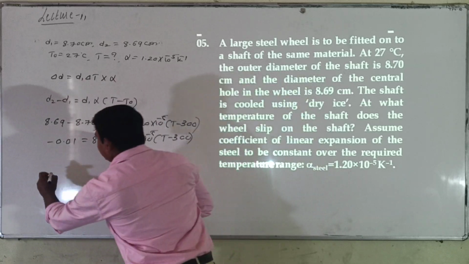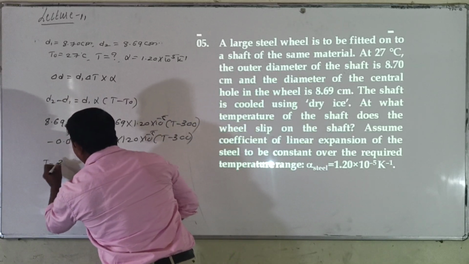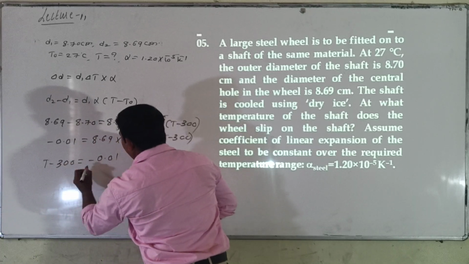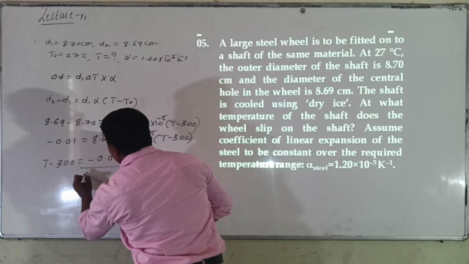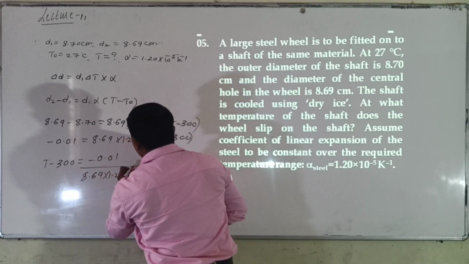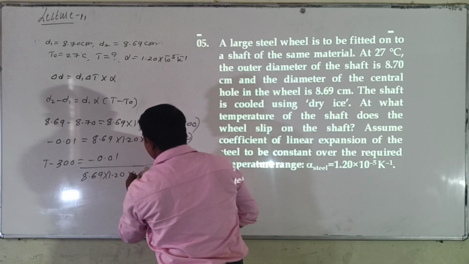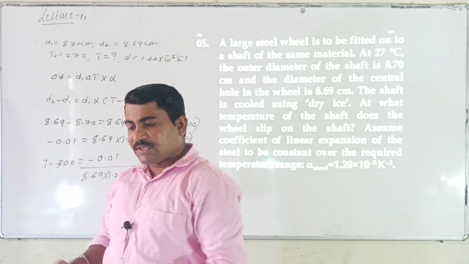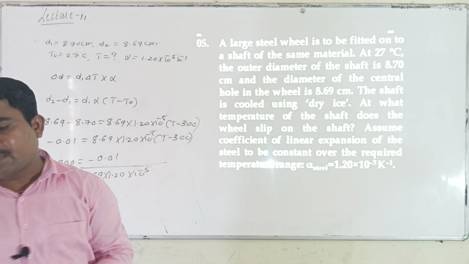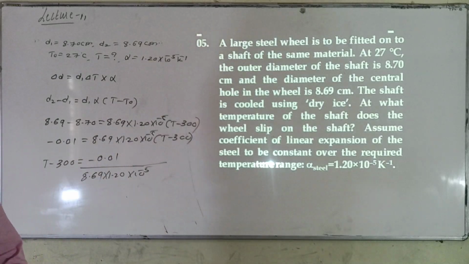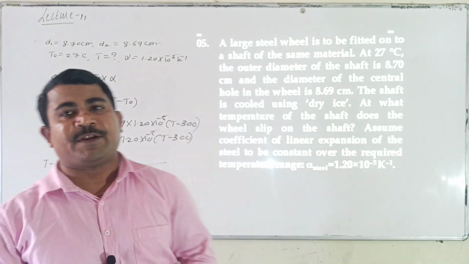So T minus 300 equals minus 0.01 whole divided by 8.69 into 1.20 into 10 raised to minus 5. Just simplify, and you get the final temperature T. The final temperature T is found to be 204.21 Kelvin.